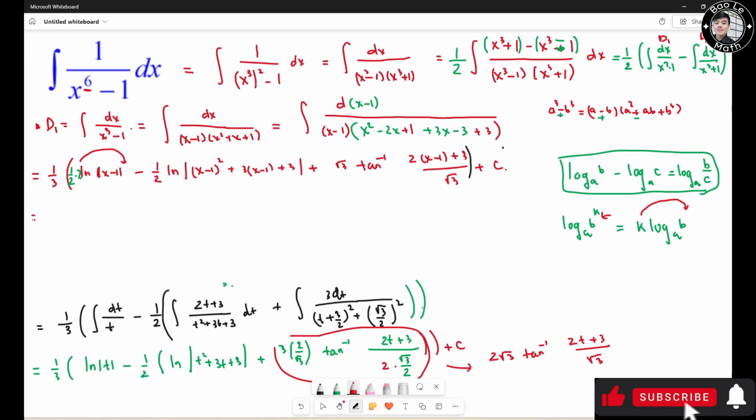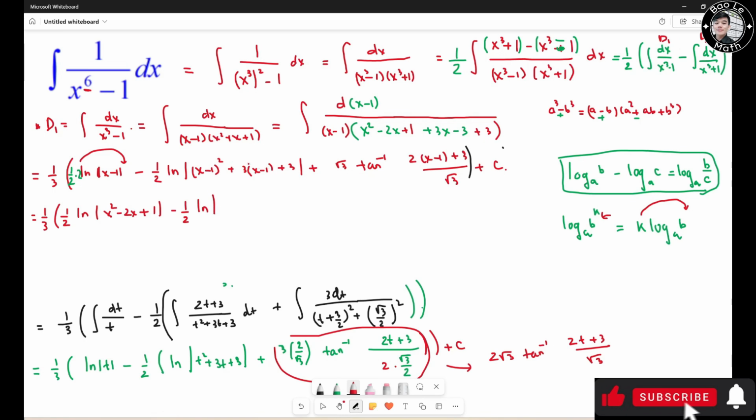So this turns out to be 1/3 times 1/2 natural log of absolute value of (s minus 1) squared. This could be s squared minus 2s plus 1, right? Minus 1/2 natural log of, alright, we're going to simplify this one.